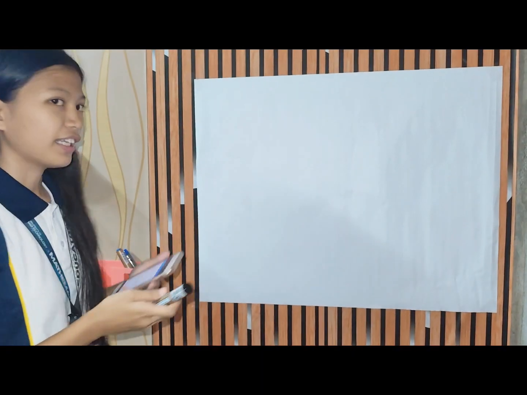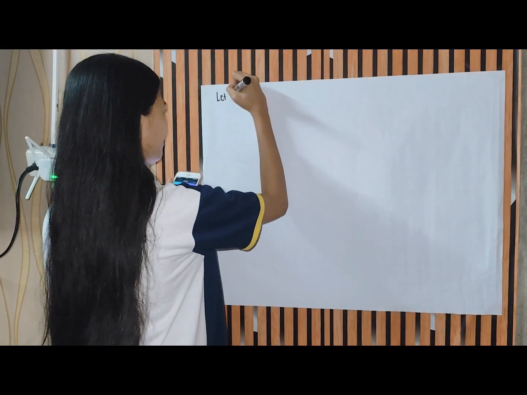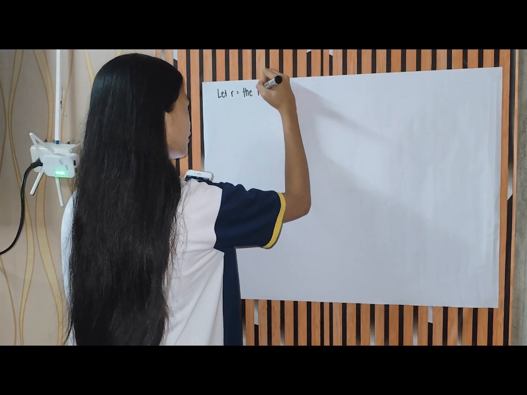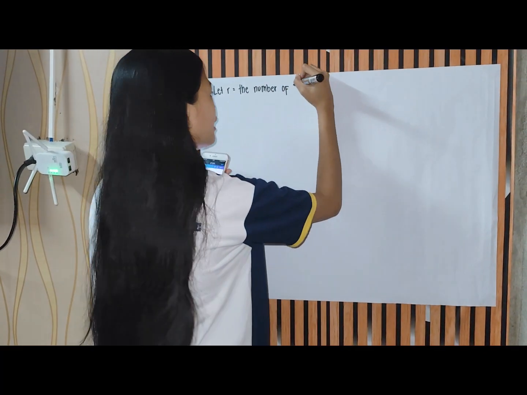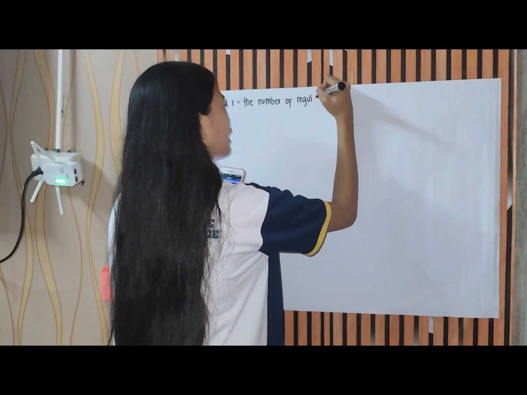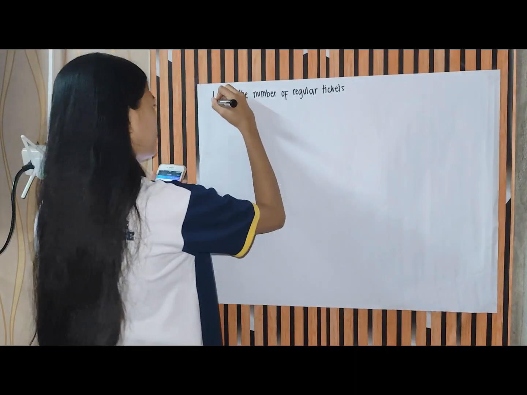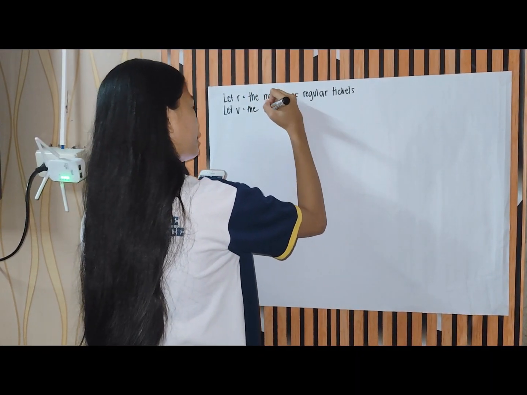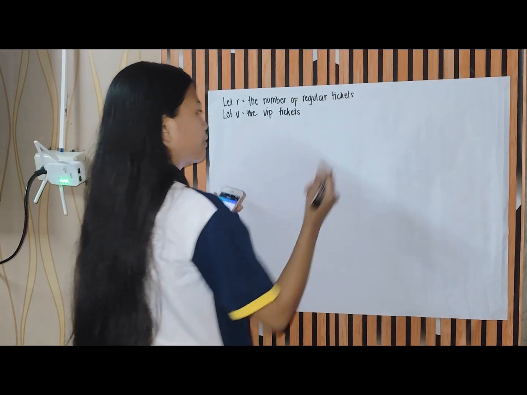So the first step that we need to do is, of course, identify the given. Let R be equal to the number of regular tickets and let B be the VIP tickets. So this is our given.